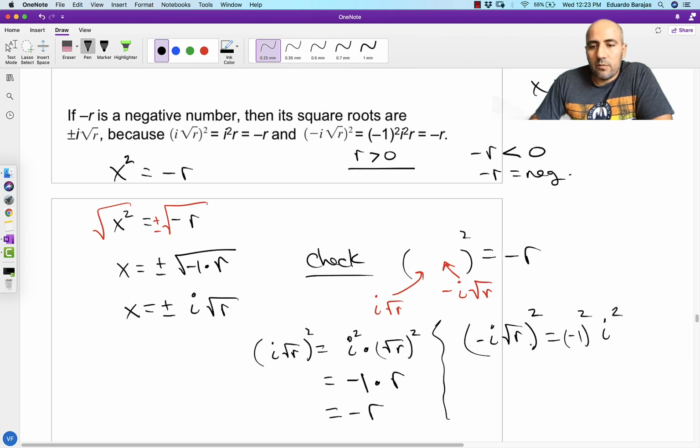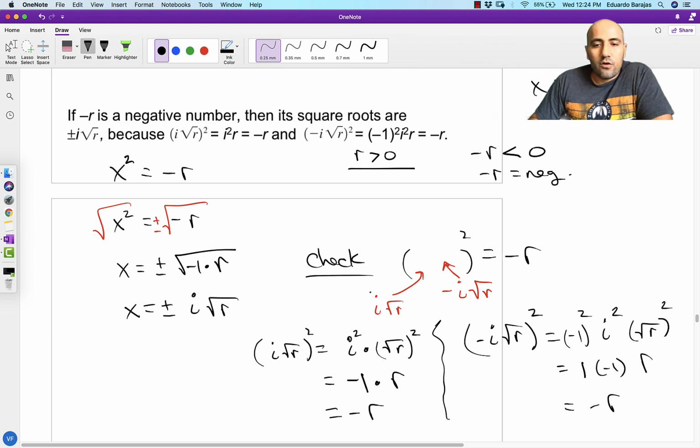Each one of these little components gets squared. And I'm going to get the square root of r squared. So this becomes positive 1, and then i squared becomes negative 1, and then this becomes r. So 1 times negative 1 times r is going to give you negative r.